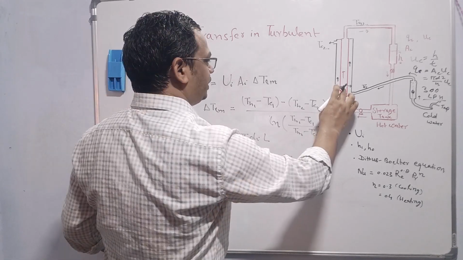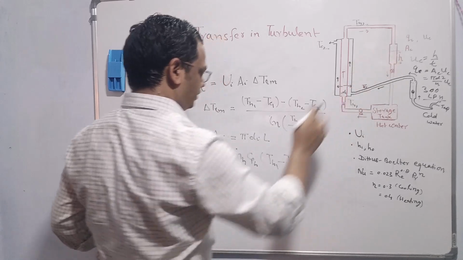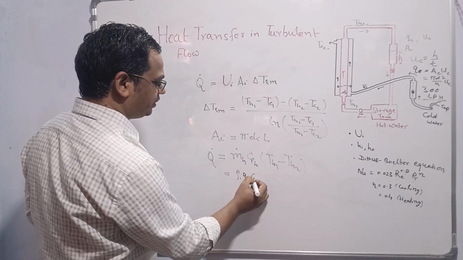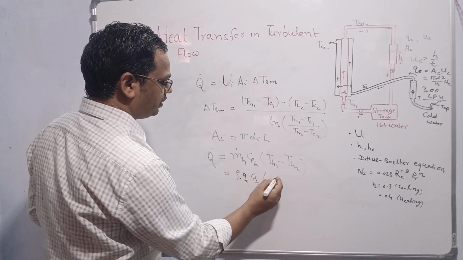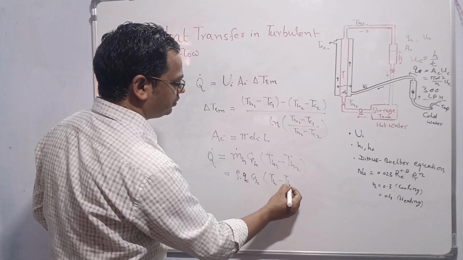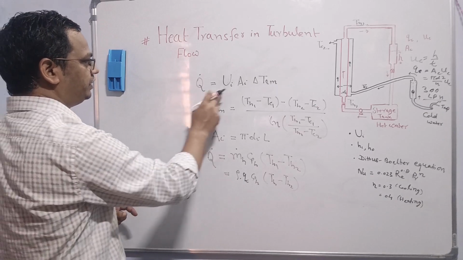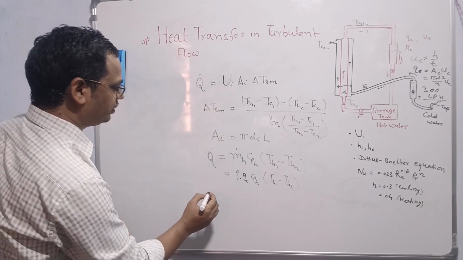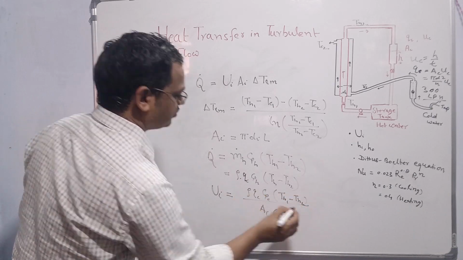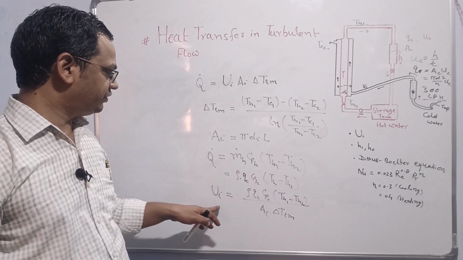Here the volumetric flow rate inside this pipe is the same as that of the volumetric flow rate in the cylinder, that is QC. I write directly QC into Cph into Th1 minus Th2. And using these two equations we can find the overall heat transfer coefficient. For different flow rates we can find different overall heat transfer coefficients.